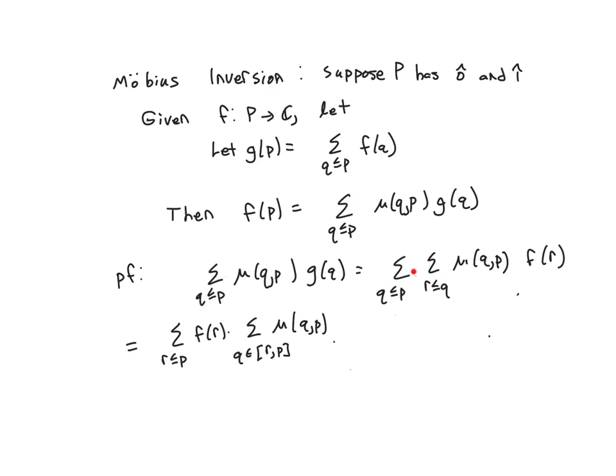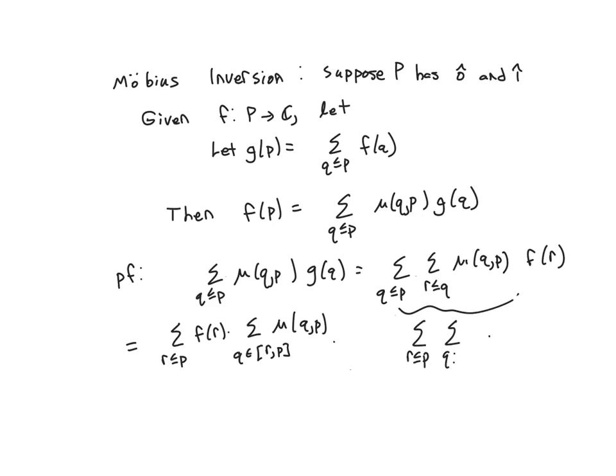By changing the order of sums, you see that here we have r less than or equal to q, and q less than or equal to p. So if I bring the r out, you see r must be less than or equal to p by transitivity. And so when I change the order of summations here, I now get a summation over r less than or equal to p. And then the other summation is over q.